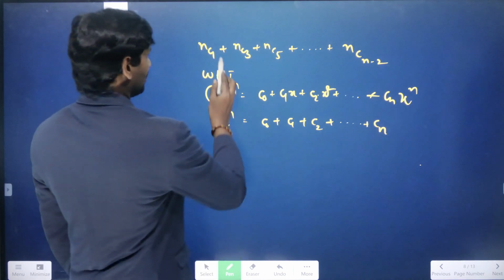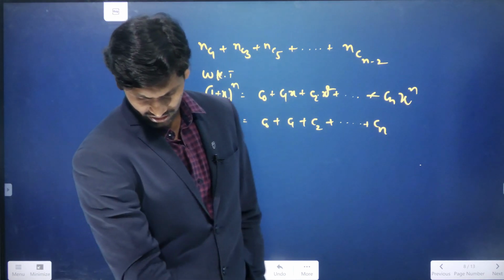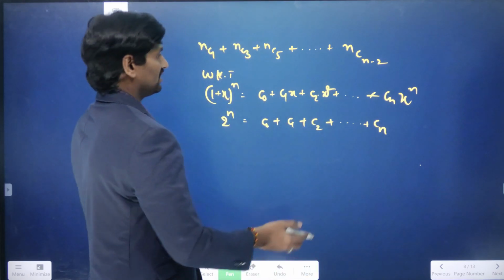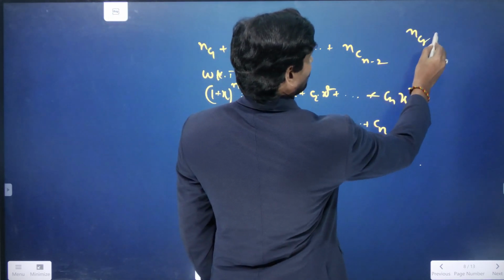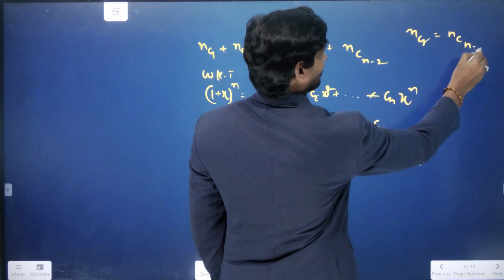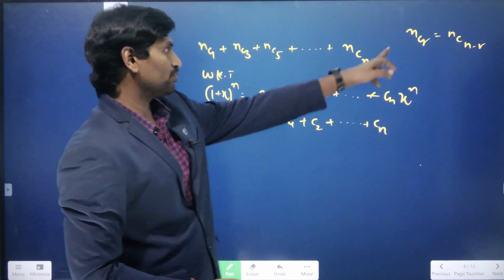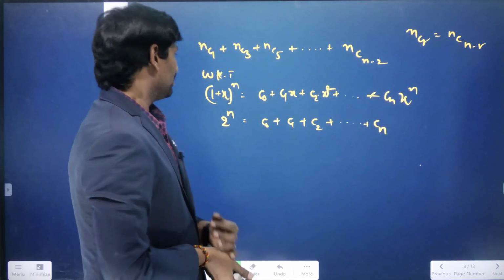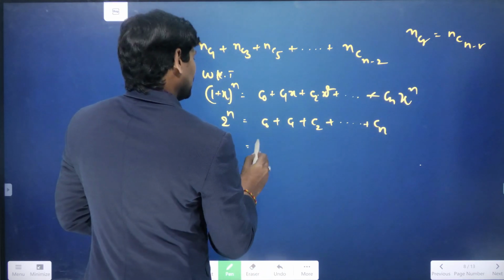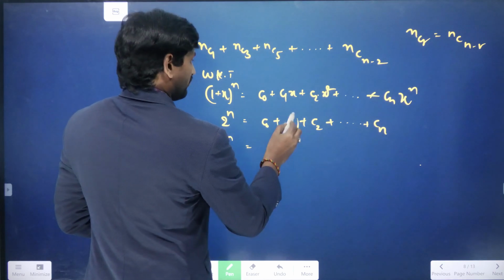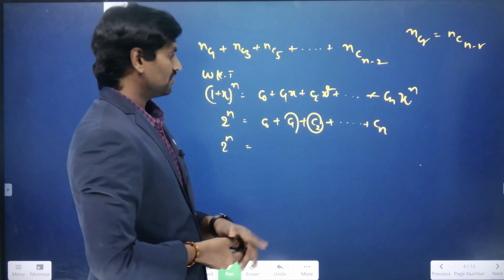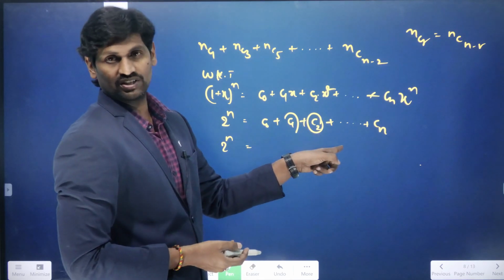But here we are taking only odd terms, so let us use the property nCr equals nC n minus r. That means nC2 and nC n minus 2 both are equal. So from this, in the place of C2 we can write nC n minus 1. Okay, nC1, nC n minus 1 we can write.